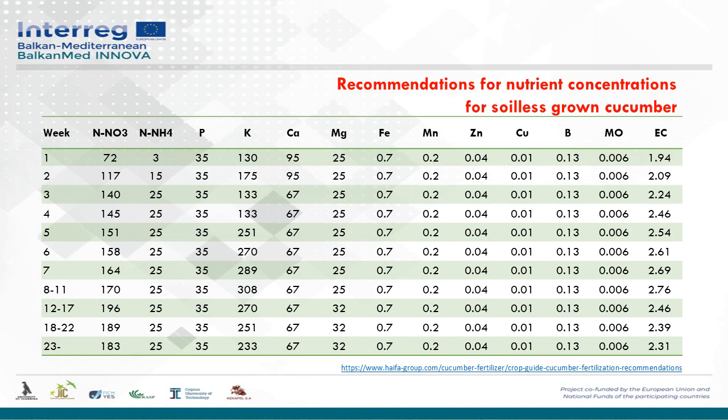which is up to 25 ppm, while the concentration of nitrate nitrogen is gradually increasing. And similarly, we have also a gradual increase of potassium fertilizers, as you can see from this table here. And meantime, we should say that the concentration of the micronutrients remains stable the entire growing period.